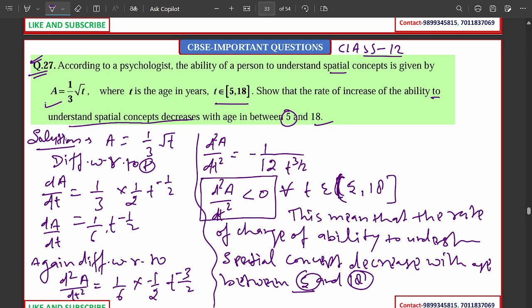So you can also use this here. So basically this is the solution of this question.